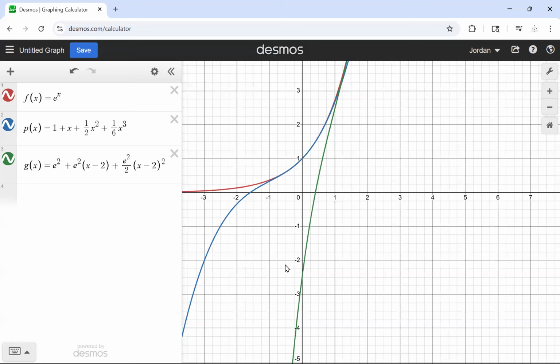So certain polynomials approximate well really close to certain values. In our first example, we found a polynomial that approximated really well close to values which were 0. In our second, we found a polynomial that was approximating really well when our values were close to 2.